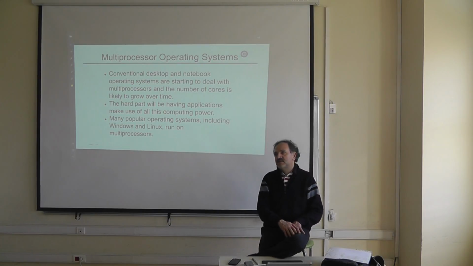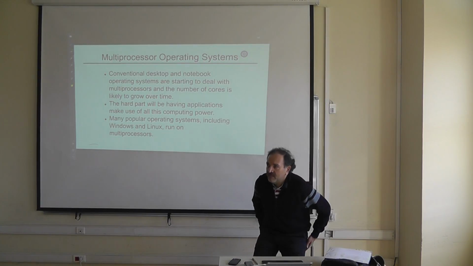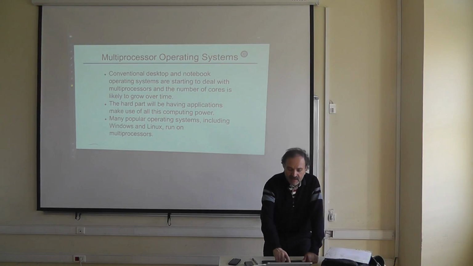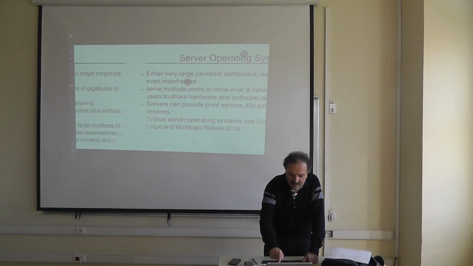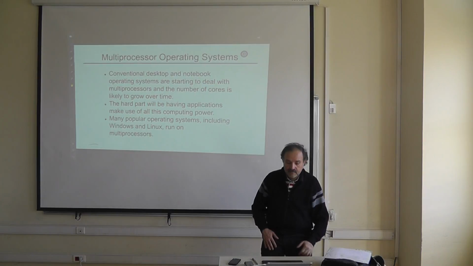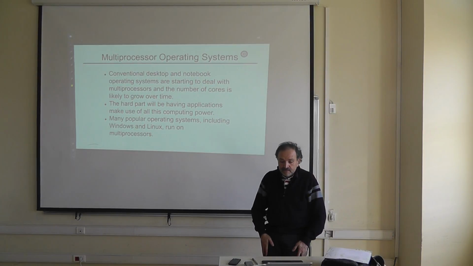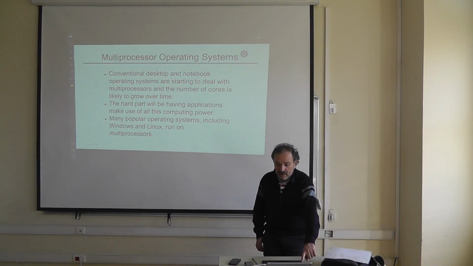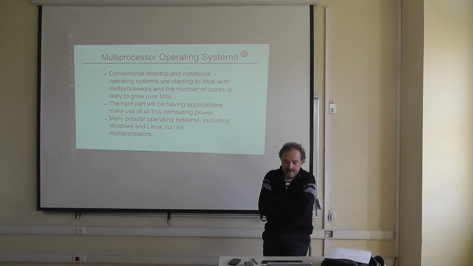Multiprocessor operating systems. Again, this is related to servers and the mainframes. If you have more than one processor, that means that you can more efficiently run more than one process at the same time.